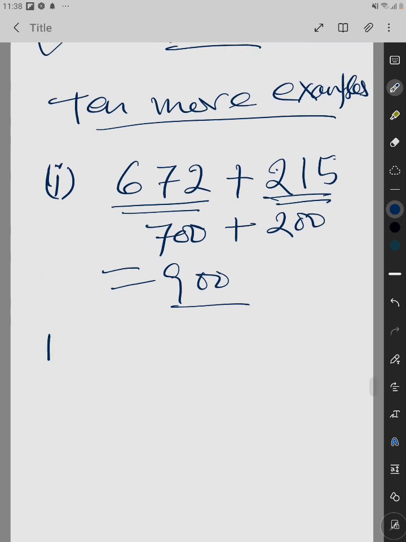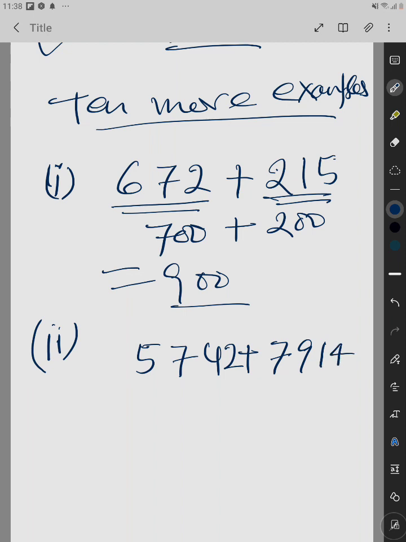Okay, take another example. Let's take 4 digits, like 5742 plus 7914.